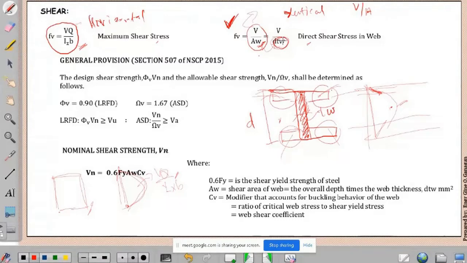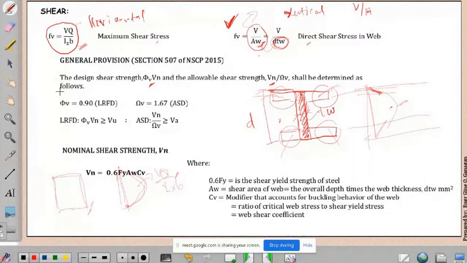Okay? So we also have here the general provision. This can be found on section 507 of your NSCP 2015. So general provision for shear, the design shear strength natin, and the allowable shear strength, Vn over omega, shall be determined as follows. Okay?